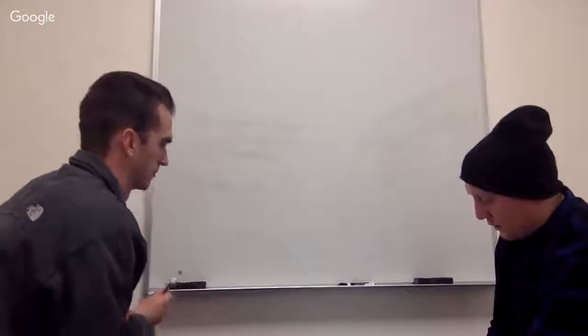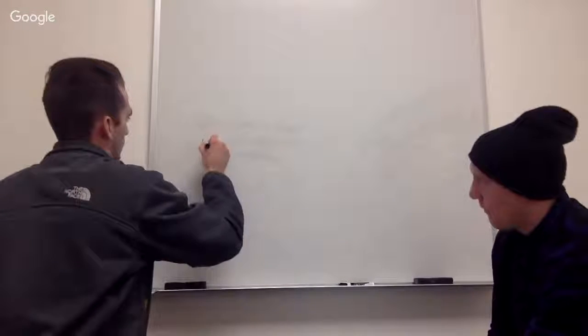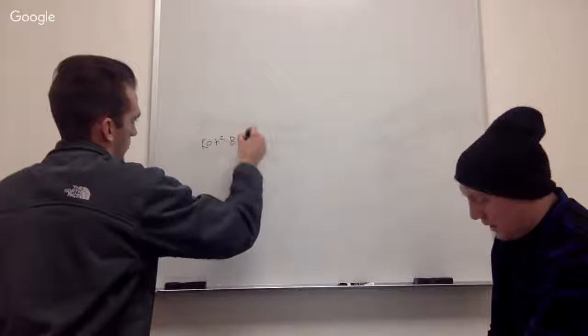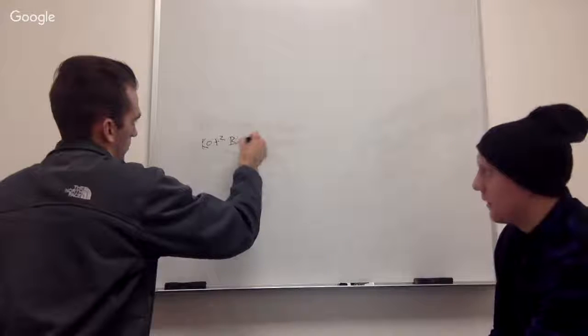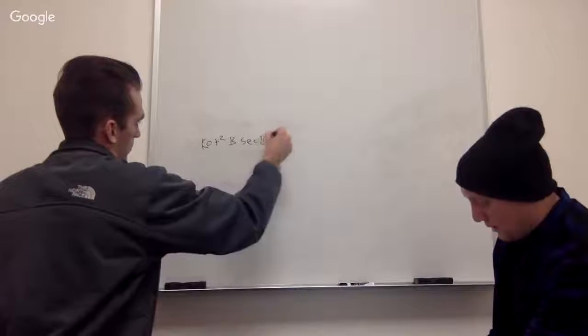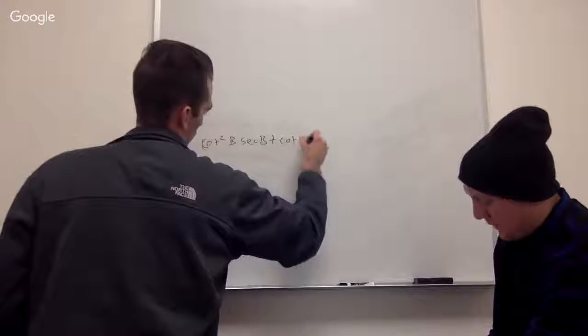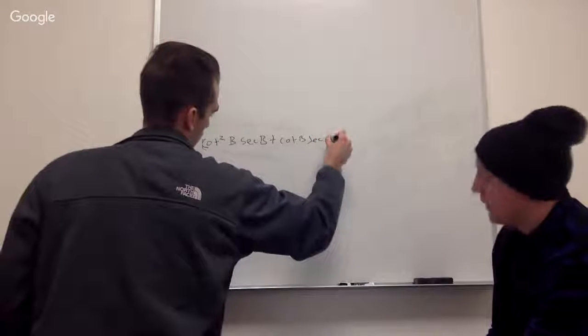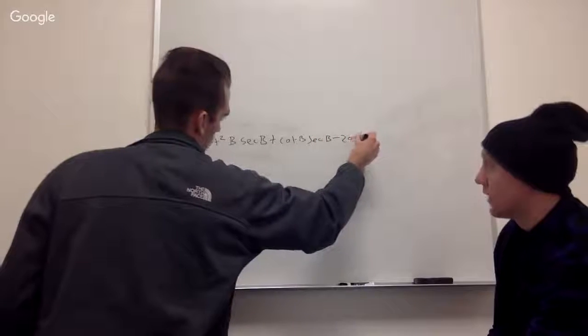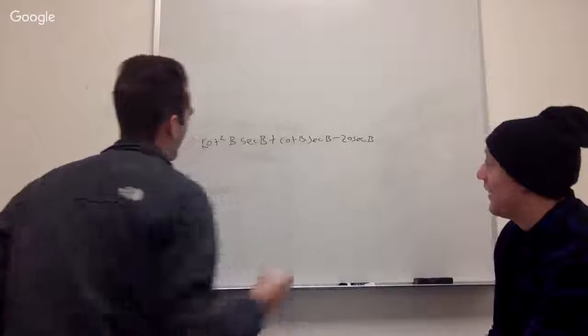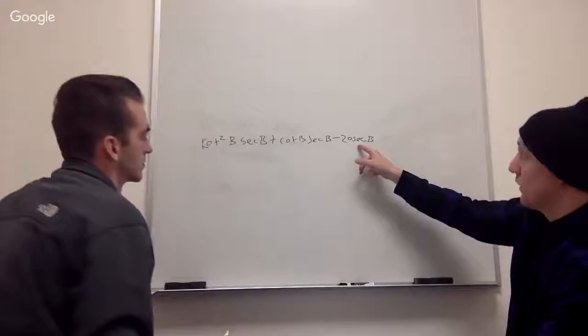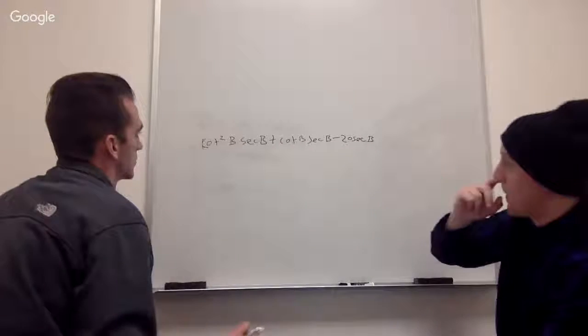Cotangent squared b, then secant b is part of it, plus cotangent b secant b minus 20 secant b. That's a sucky problem. Okay, so first thing we do is factor out secant b.